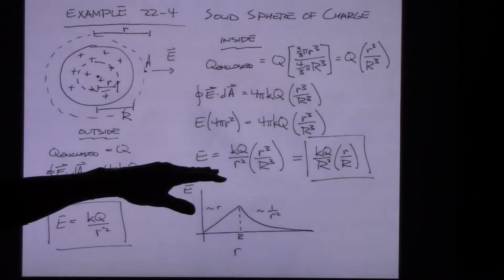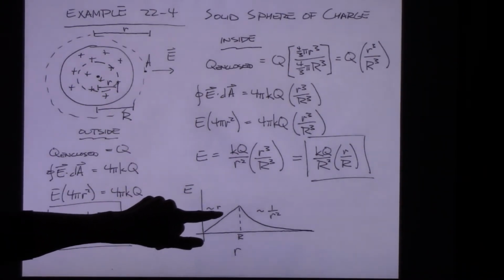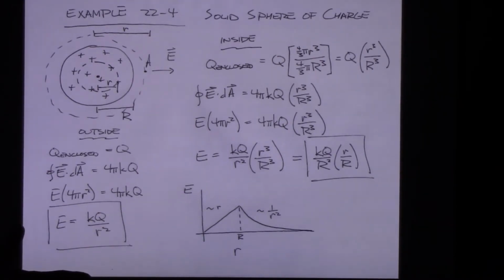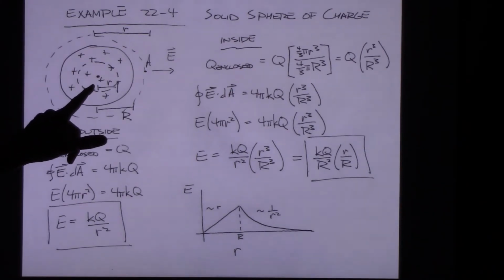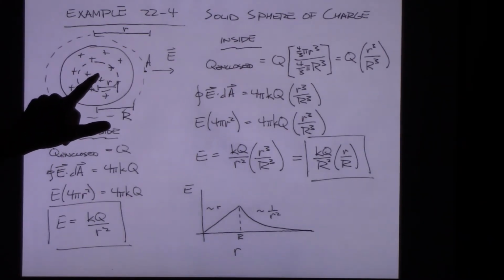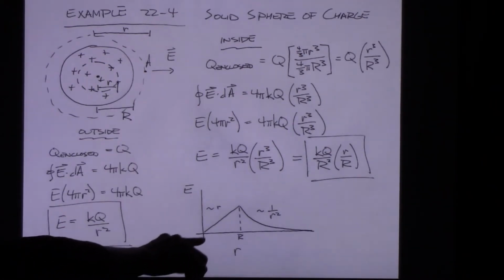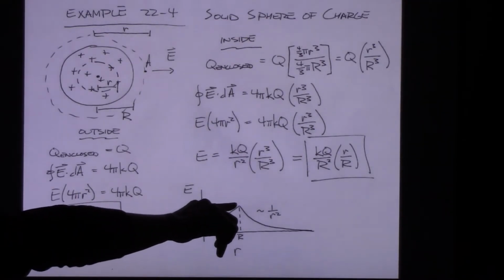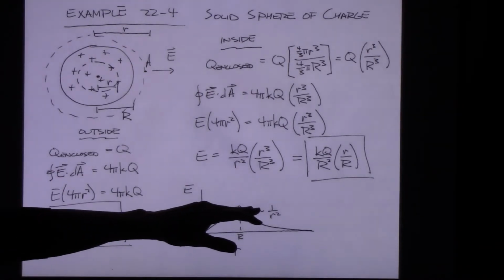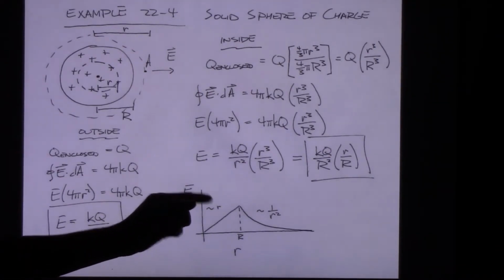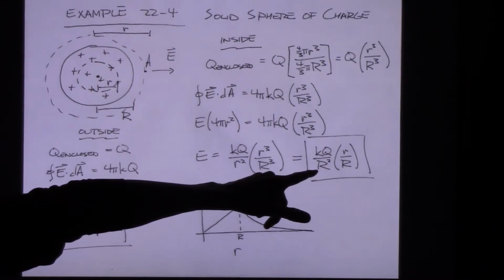It says that the electric field for a uniform charge distribution will increase linearly from the center out to the surface. So if I start at the center and I start doing measurements of the electric field at different locations as I cross through the charge distribution, I'm going to have an electric field that increases linearly up until I get to the surface. Now, once I hit the surface, the electric field is going to be given by kq over big R squared.